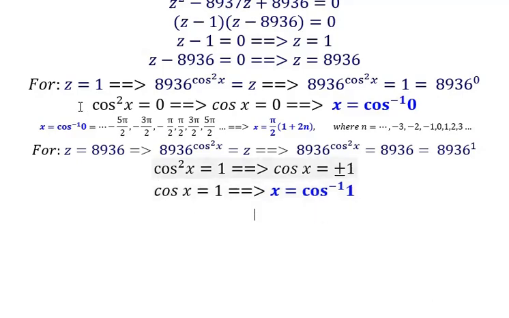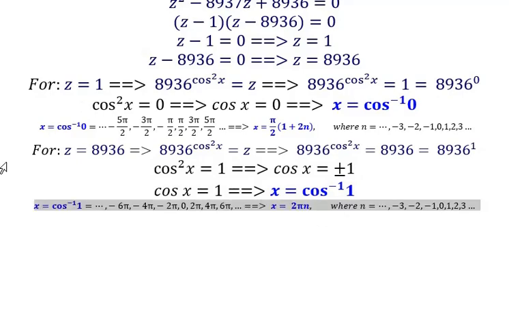Then when cosine x is equal to 1, x is equal to cosine inverse of 1. This is the second solution. And for that, x equals cosine inverse of 1 is equal to 0, 2 pi, 4 pi, 6 pi, minus 2 pi, minus 4 pi, minus 6 pi.